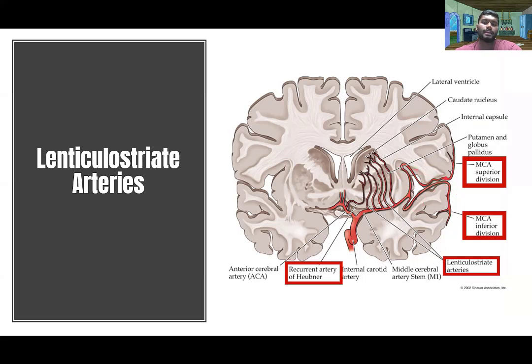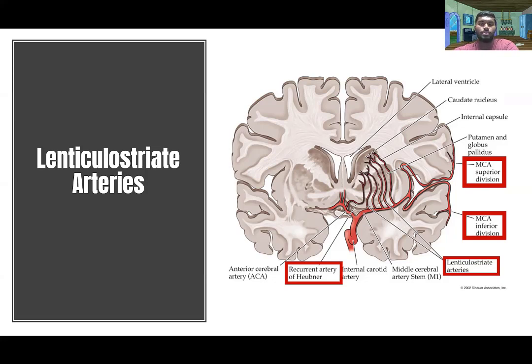And you see here, the superior M2s goes into the frontal lobe. One of the main structures in the frontal lobe is Broca's area. If you have ever heard of Broca's area, this is important for actually moving your mouth and your tongue for speech. So a patient with Broca's aphasia is going to be having very hard, labored speech.